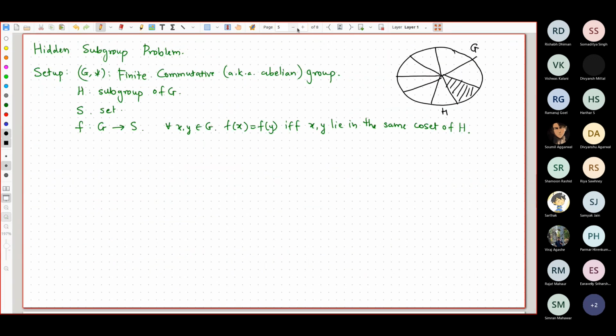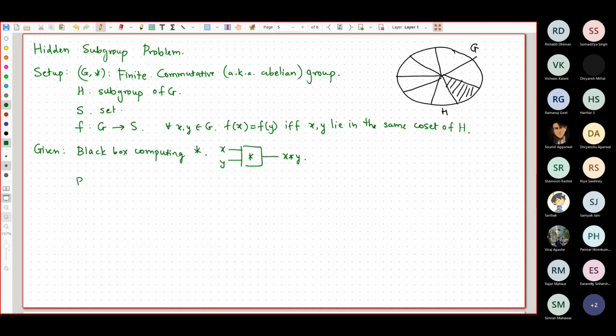Right. So what is given to us? So it's a hidden subgroup, right? So somehow the name suggests that this subgroup H is hidden and we need to search for it. So let us formalize that. What is given to us? We are given a black box which computes this star operation. You feed in two group elements, out comes one group element: you feed in x and y, out comes x star y.